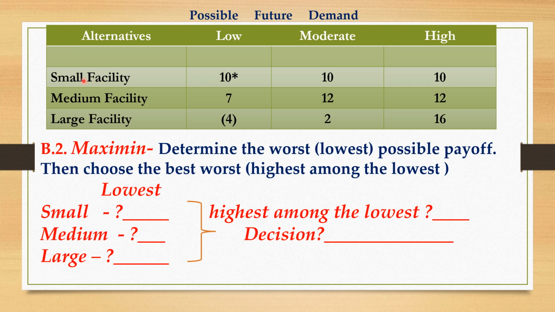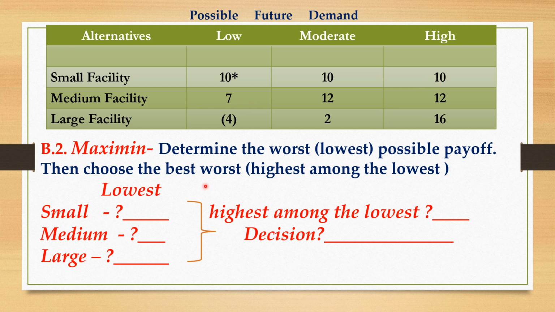You have to examine first the small size facility and compare the payoffs: 10 million under low, moderate 10 million, and then high another 10 million. First, choose the lowest among these three, 10, 10, 10.